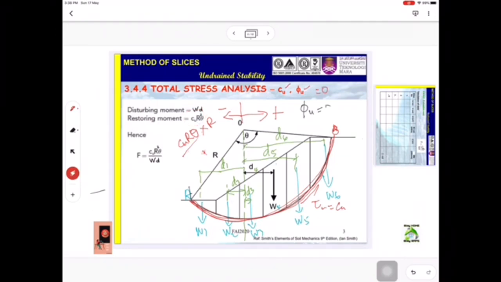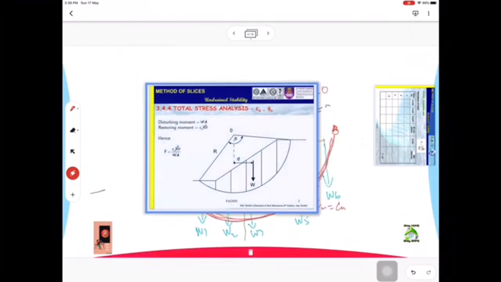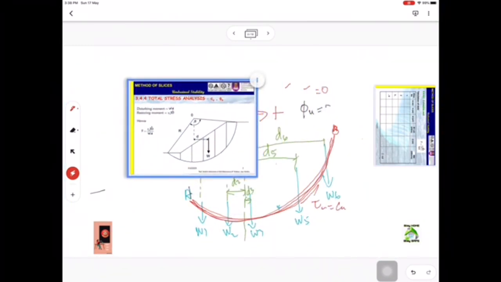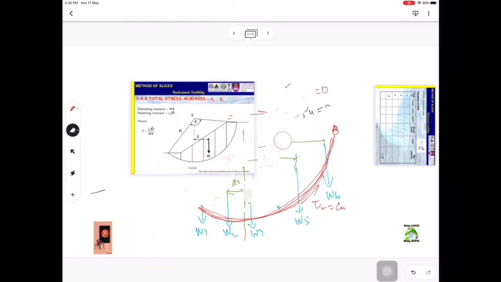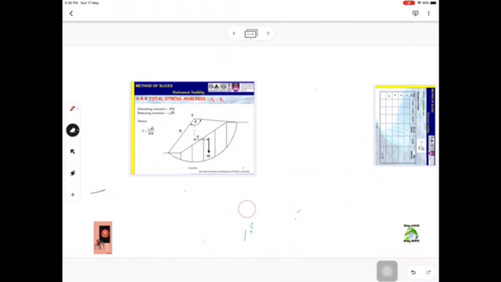The factor of safety is always the restoring moment, or resisting moment, divided by the disturbing moment. So the factor of safety equals Cu r squared theta over the sum of Wd. Then we look at how you tabulate from the graph.